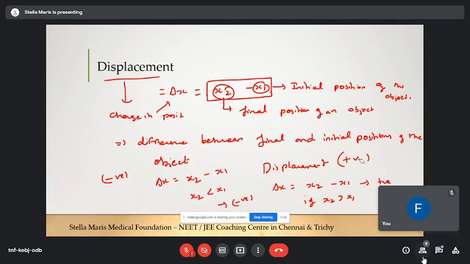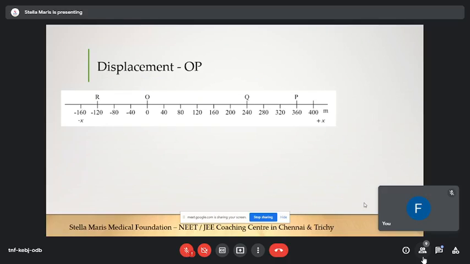So the value is 360 meters. Here the distance for OP is 360 meters, and the displacement for the motion O to P is also 360 meters. So we can write distance is equal to displacement, for this particular motion O to P.